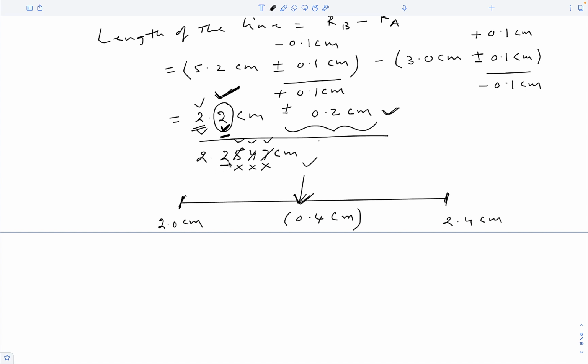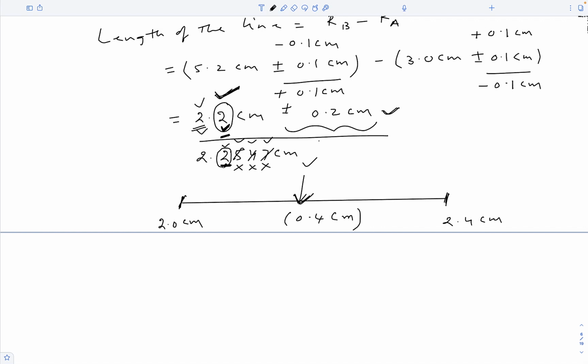So a measurement must contain only one estimated digit. And in very rare cases, there can be up to 2 estimated digits, but never more than 2 estimated digits. But in most of the cases, you can have only one estimated digit in a measurement.